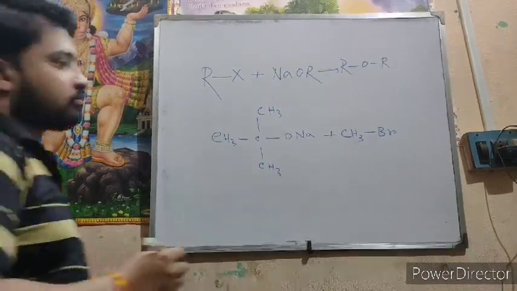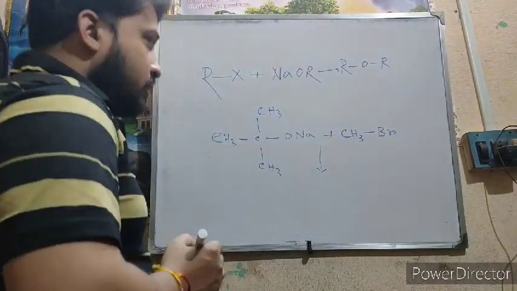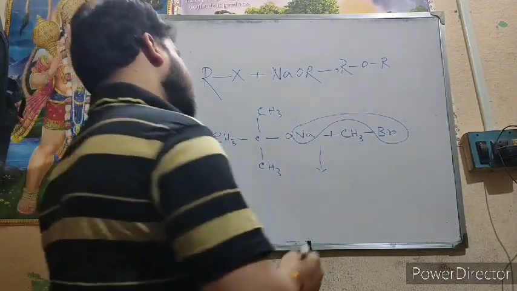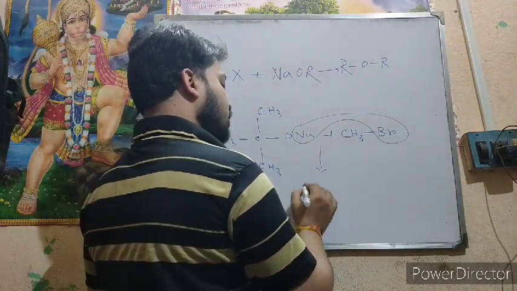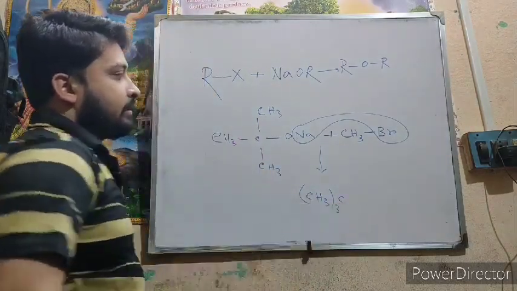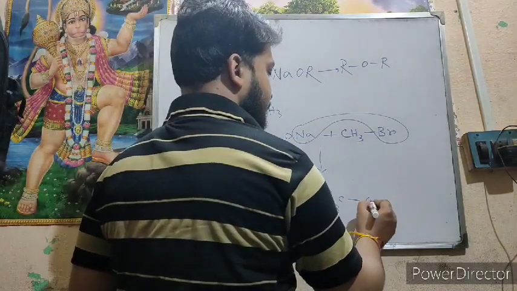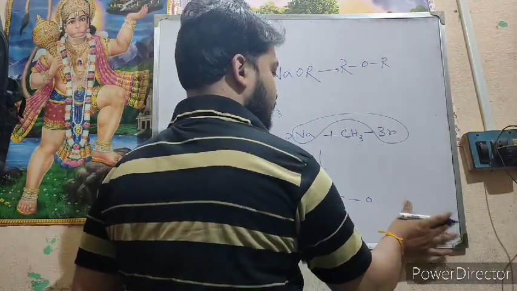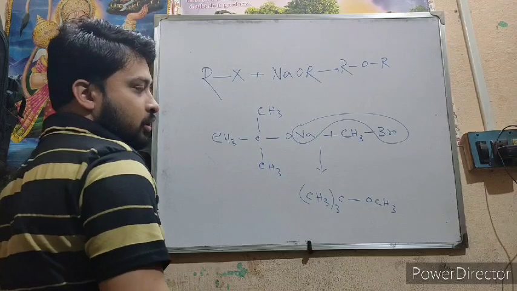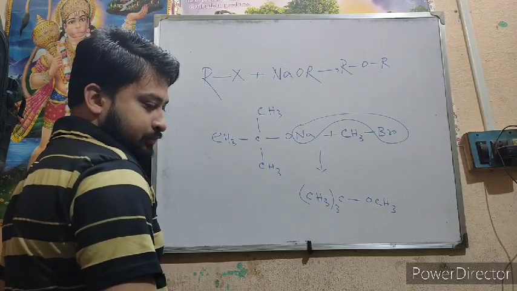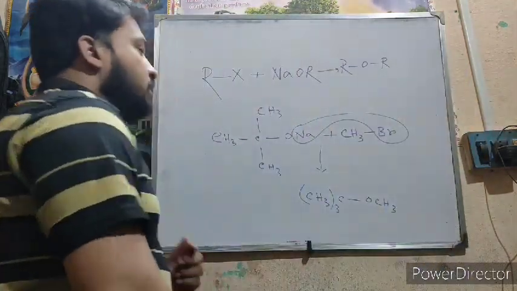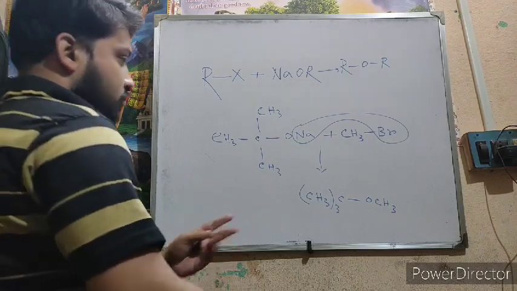NaBr is removed, so the product is (CH3)3C-OCH3. This product is made by Williamson synthesis. This is also a preparation of ether.